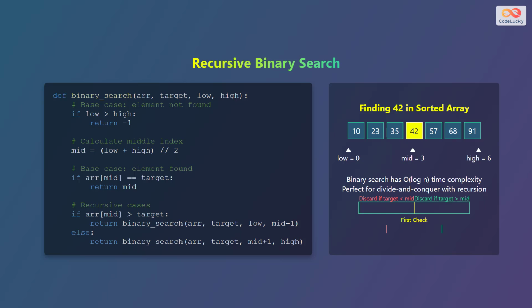Otherwise, it calculates the middle index and checks if the element at the middle index is equal to the target. If found, it returns the middle index. If the element at the middle index is greater than the target, it recursively calls binary search on the left half of the array. Otherwise, it calls binary search on the right half. Binary search has a time complexity of O(log n), making it perfect for divide and conquer with recursion. The visualization shows how binary search works, discarding half of the search space at each step.